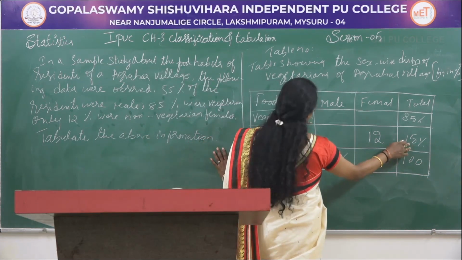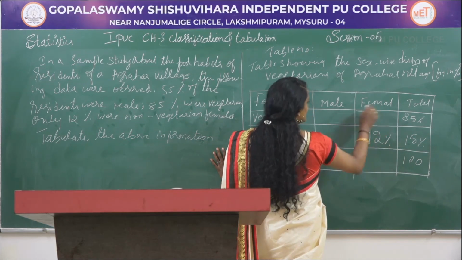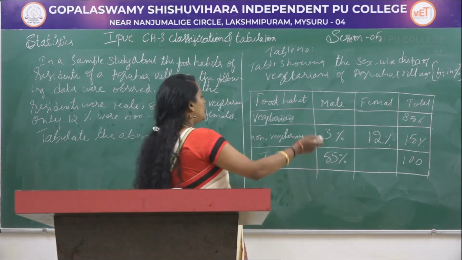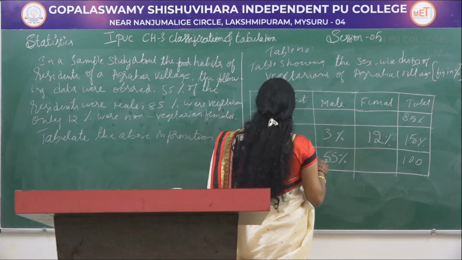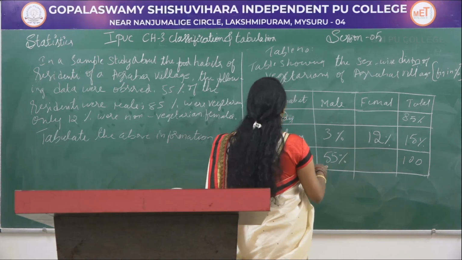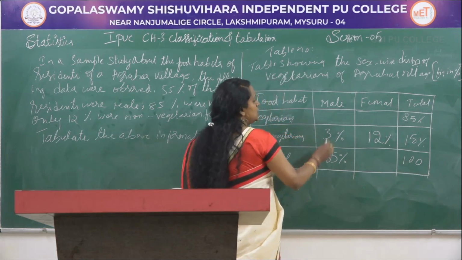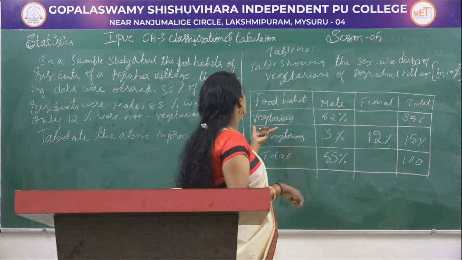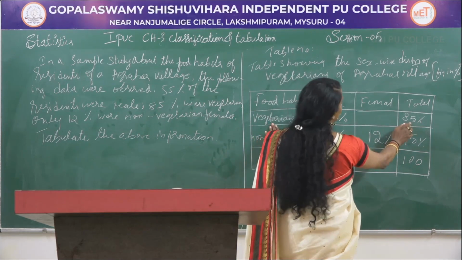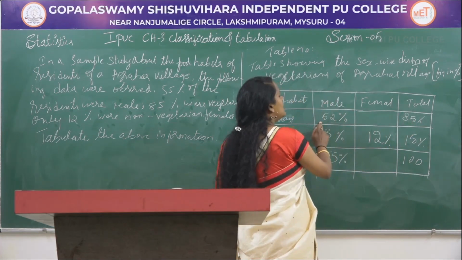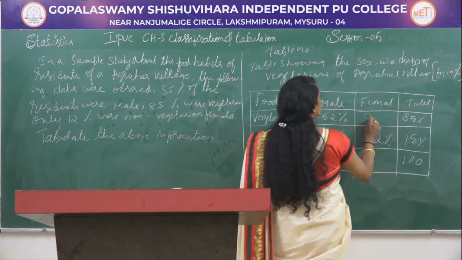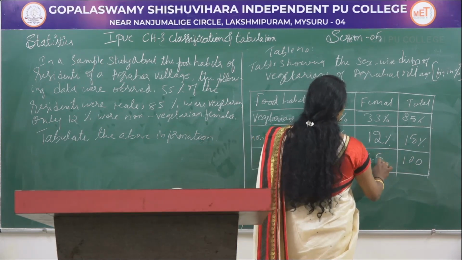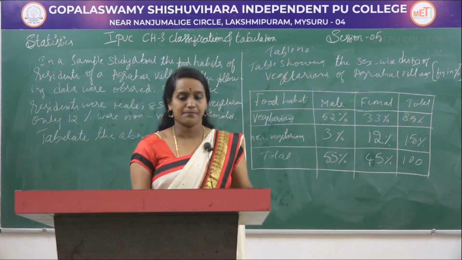Here if it is 15% and 12% are females, remaining 3% non-vegetarians will be male. Next, out of total 55% of male population, and in this 3% non-vegetarians, so remaining 52% will be the vegetarians. And similarly, total vegetarians are 85%. In this 52 were male, another 33% will be female, and total female is 45%, and total will be 100.